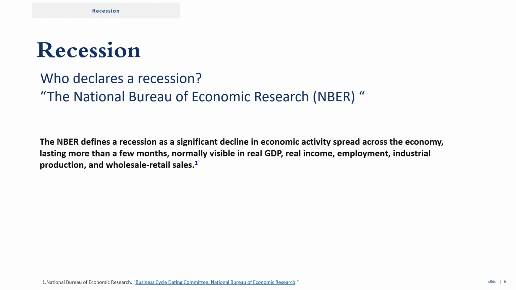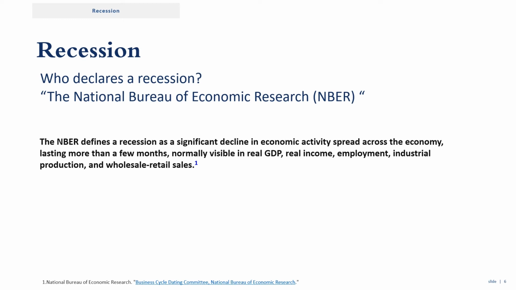The recession is usually declared by the National Bureau of Economic Research, and their new definition is a significant decline in economic activity spread across the economy, lasting more than a few months, normally visible in GDP, real income, employment, industrial production, and wholesale retail sales.